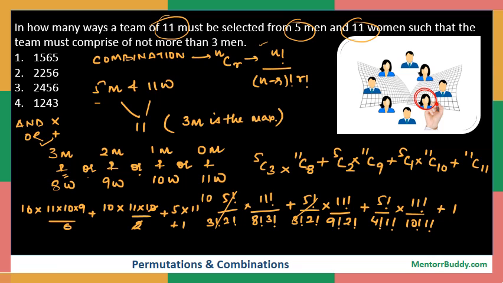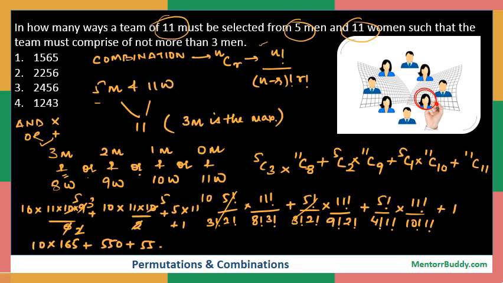So if I do a quick cancellation, this gives me 10 multiplied by 165, since 55 multiplied by 3 gives me 165, plus 10 multiplied by 55 is nothing but 550, plus 11 fives are 55, plus 1.